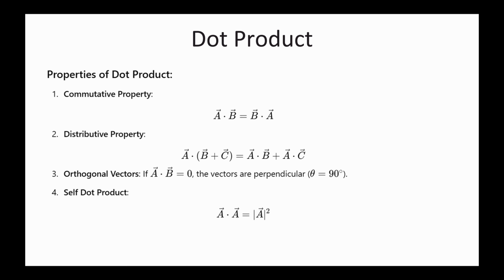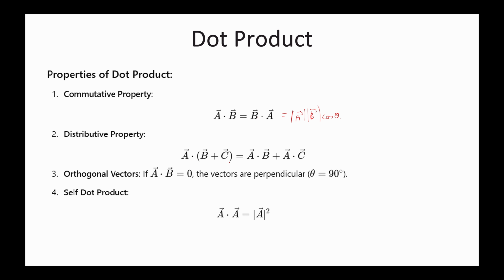Now a few common properties of dot products. Since a vector dot b vector is going to come out to be a scalar quantity, if we do the reverse, or the commutative, of a and b, it is going to come out the same, which is a vector b vector cos theta.